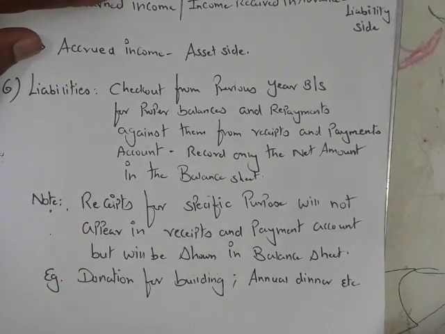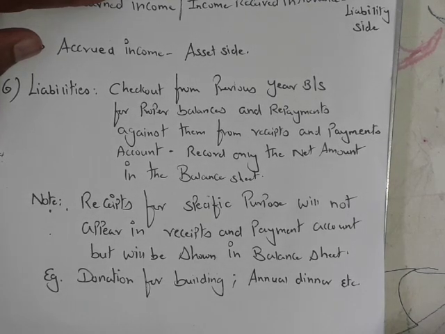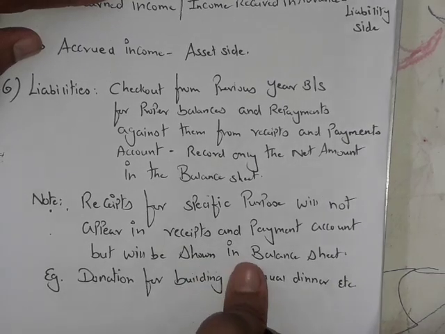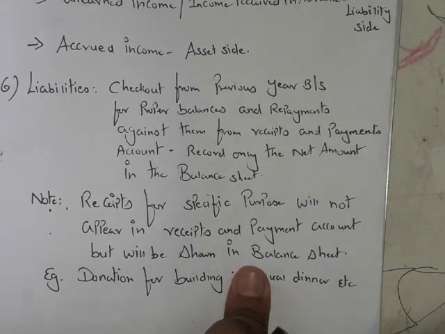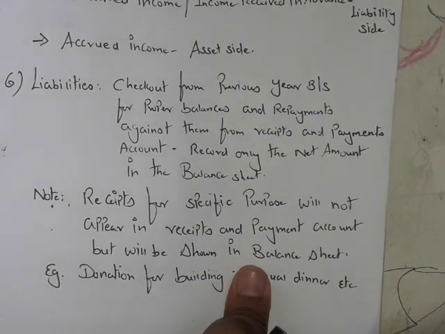In liability, we will bring into account all those items which are still lying as a liability from our previous balance sheet. So from the previous year balance sheet, we need to scrutinize each and every item to ensure whether any payment has been done against them.